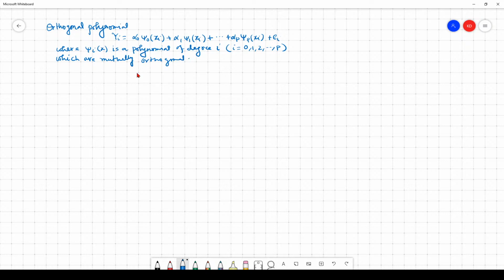So that is, the sum of psi j xi times psi k xi is equal to 0 if j not equal to k, and this is equal to the sum of psi j squared xi if j equal to k.